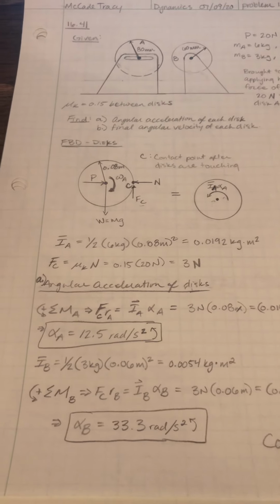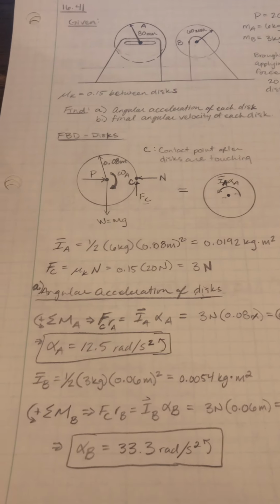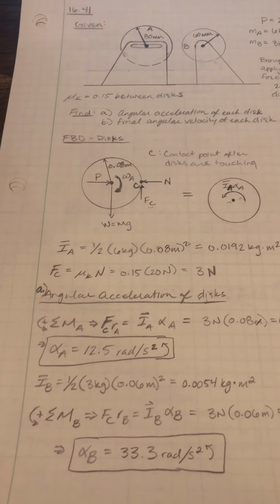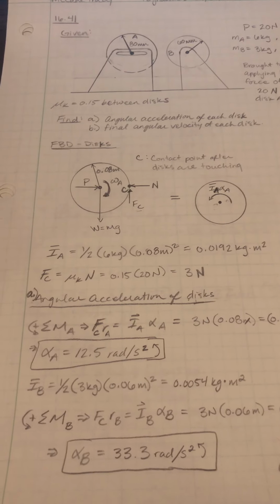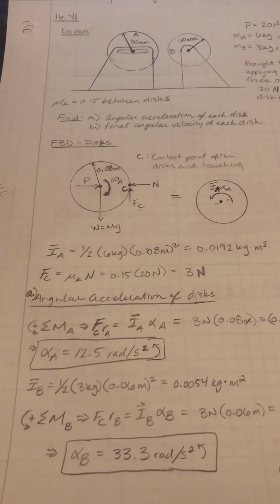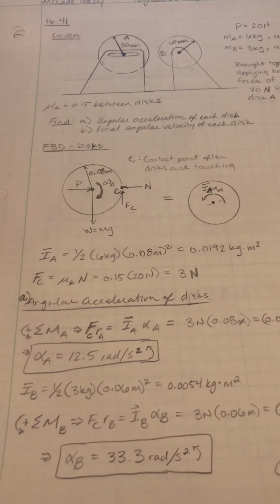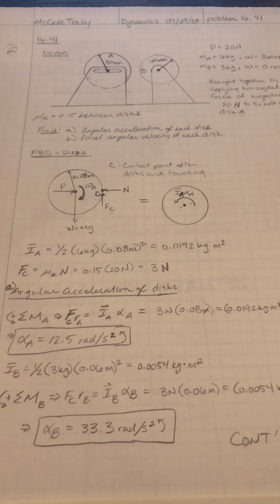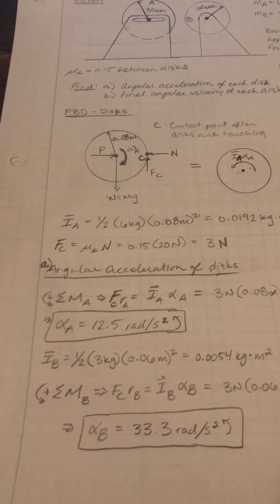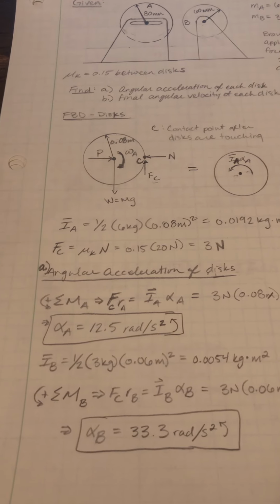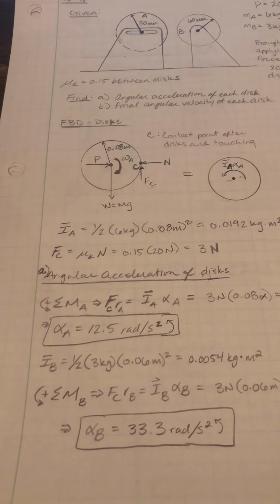So we sum moments about A, as we have the force at C times the radius of A is equal to the moment of inertia at A times alpha at A. As here we are looking for alpha, we plug in our values that we have calculated, manipulate the equation, and we find that the angular acceleration of disk A is 12.5 radians per second squared in the counterclockwise direction.